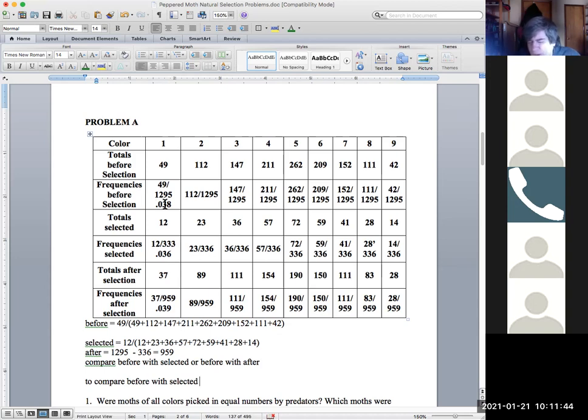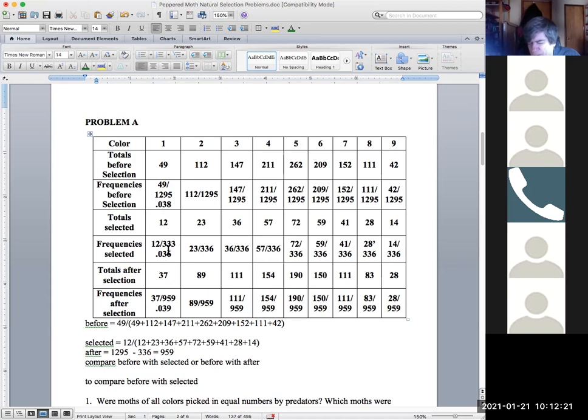If selected is smaller, does that mean that the number 1 colored moths are more likely to get eaten by birds or less likely? If we look at the population, 38 out of every 1,000 moths, rounded to the third decimal anyway, are color number 1. If we look at who gets eaten, 36 out of every 1,000 moths are color number 1.